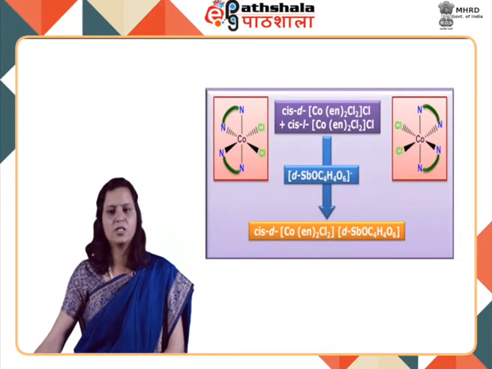It is difficult to separate two enantiomers from the racemic mixture because the physical properties of enantiomers of a complex such as the cis-dichlorobis(ethylenediamine)cobalt(III) complex are identical except for their effect on plane polarized light.